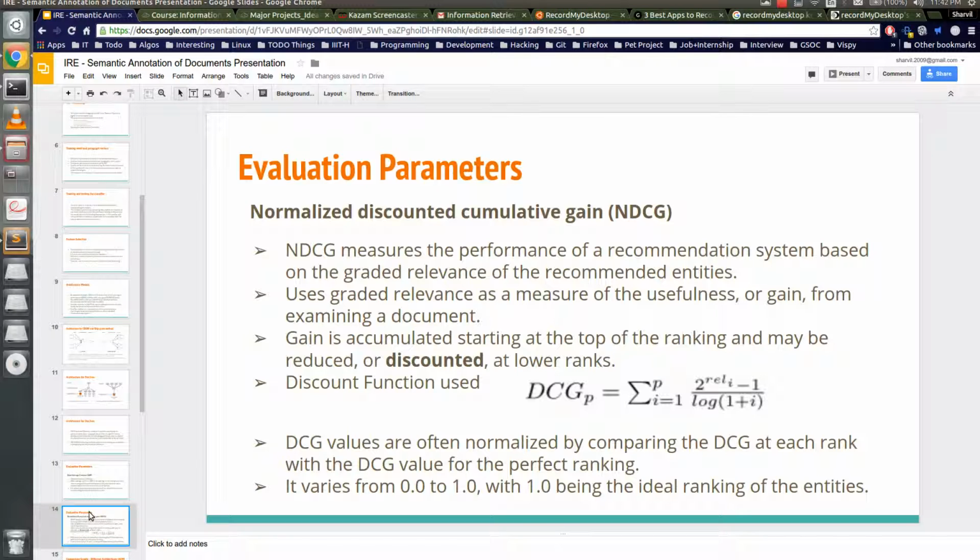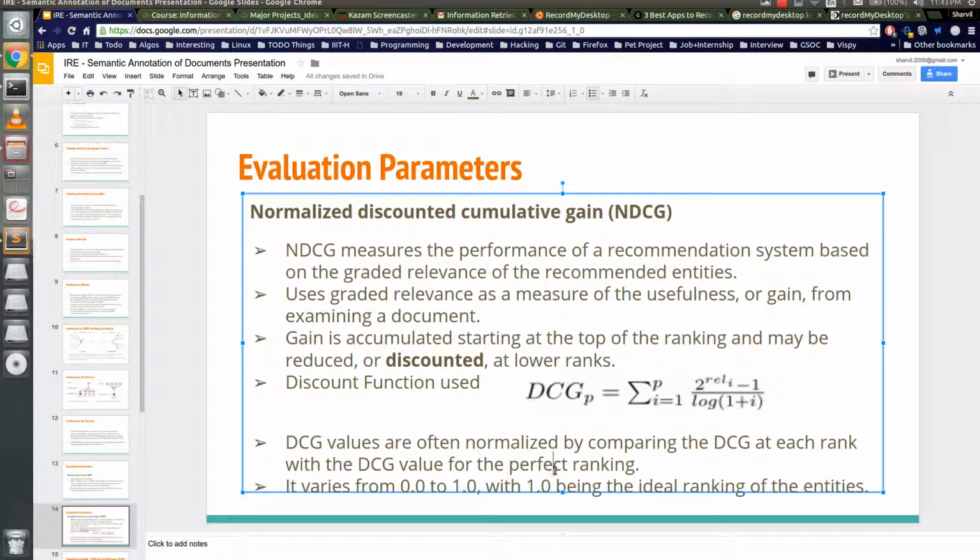The gain is discounted for lower ranks, and it is the highest for the top ranked. The discount function that we used, as can be seen in the picture, is 2 to the power of the relevance for the ith class minus 1, divided by the log of i plus 1, and we summed it up.